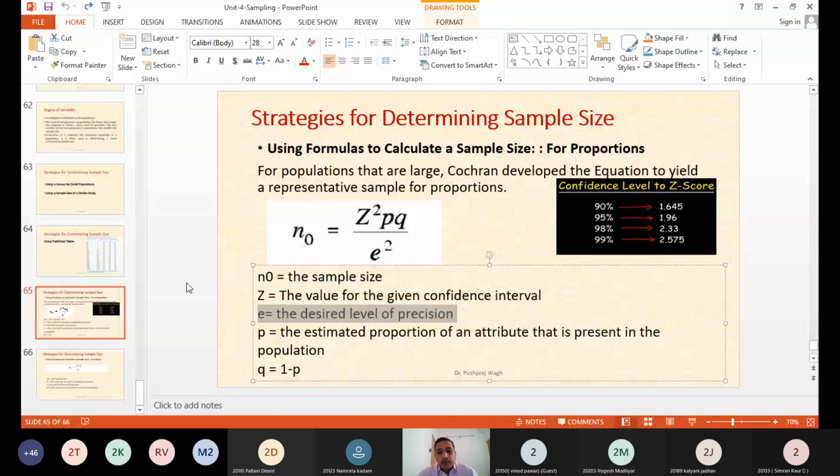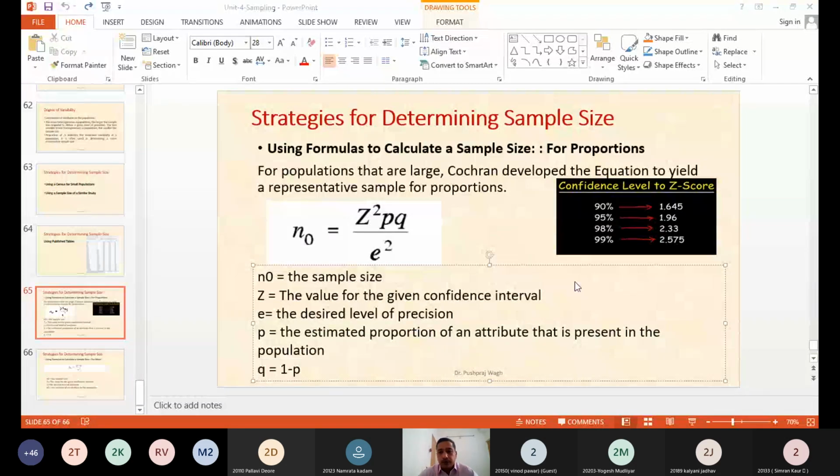P is the estimated proportion of the particular attribute present in that population. Based on the variability or heterogeneity, we take maximum heterogeneity most of the time, so we can take 0.5 as the value of P. And Q is simple: Q is 1 minus P. So if P is 0.5, Q is 1 minus 0.5, that is again 0.5.